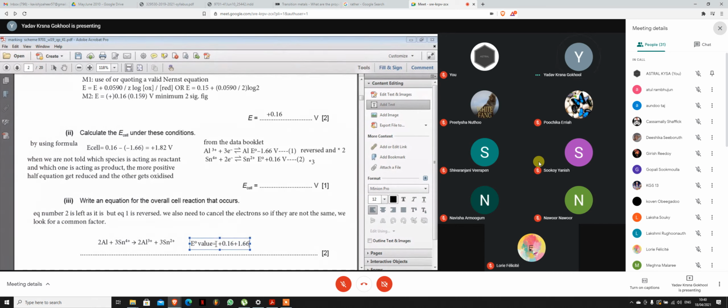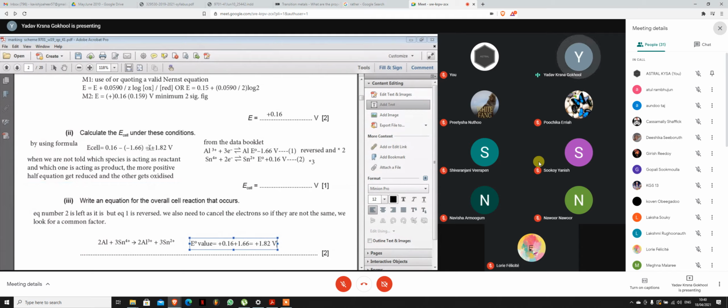Okay. So you get 1.82 volts, just like you obtained it in second part.